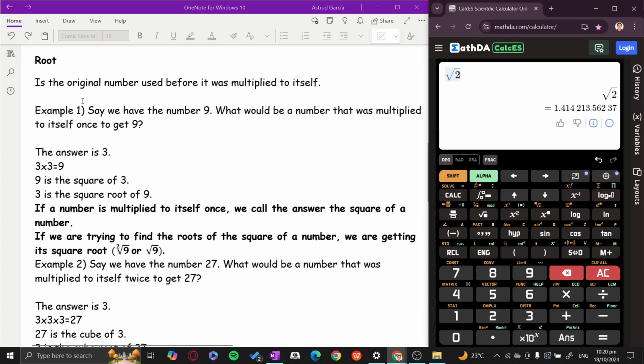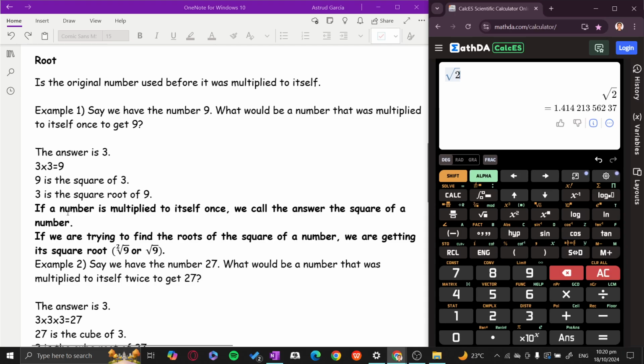Let's see example 1. Say we have the number 9. What would be a number that was multiplied to itself once to get 9? The answer is 3. 3 times 3 is equal to 9. 9 is the square of 3, and 3 is the square root of 9.